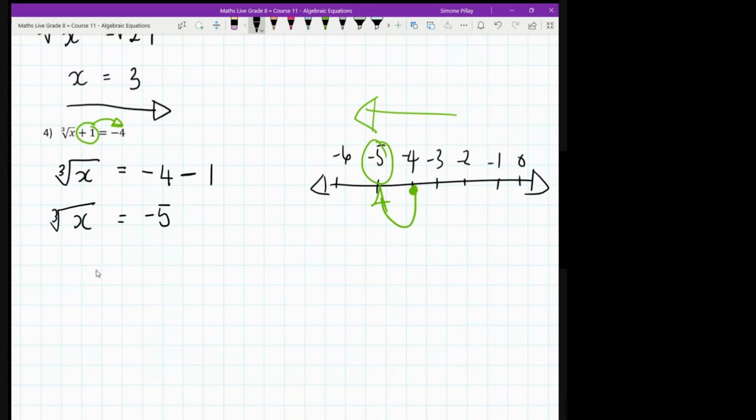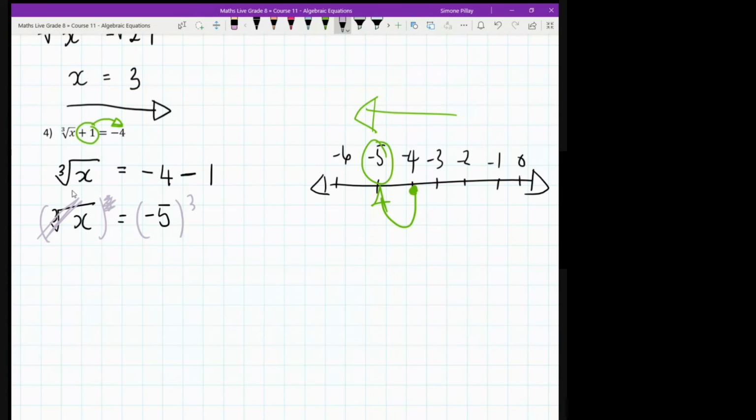And that gives us -5. Now, we have this cube root over here. Somebody tell me, what is the opposite of a cube root? Cube. Thank you, Umar. So, because I'm using inverse operations, to get rid of a cube root, I can cube this whole thing, and my cube root and my cube will cancel out.